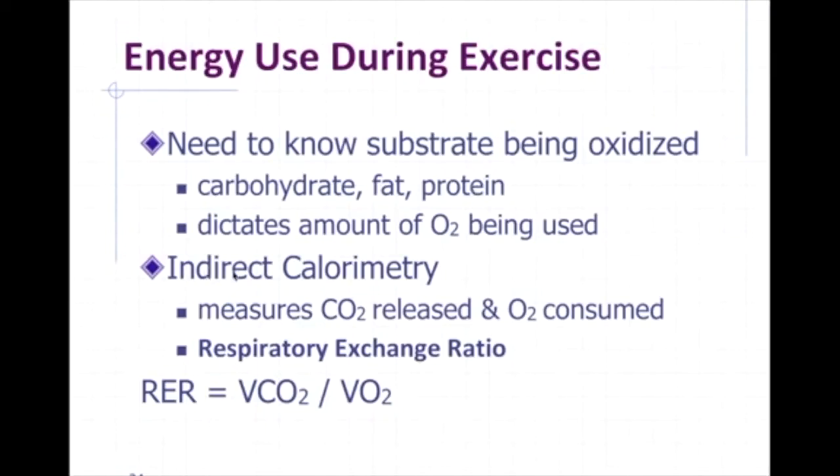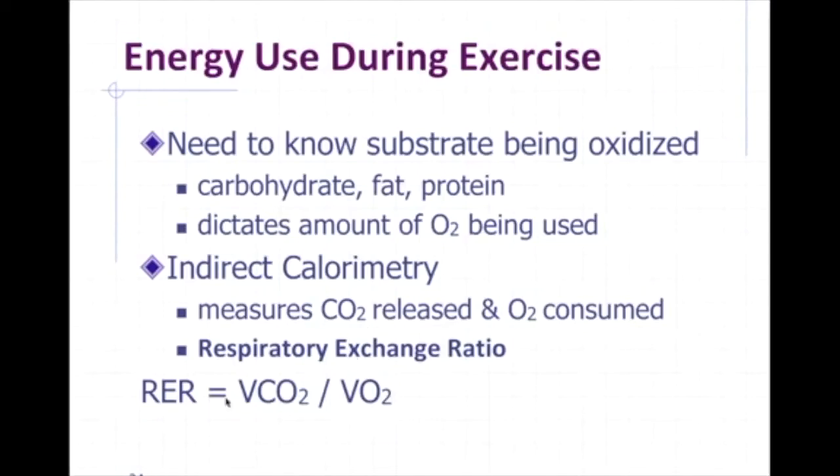So as we talked about with our indirect calorimetry, it measures our CO2 being released, or can, and also our O2 being consumed. We've already focused on the O2 being consumed. However, we haven't really talked about measuring the CO2, and why is that important? Well, it's important because it's looking at the exchange between carbon dioxide and oxygen.